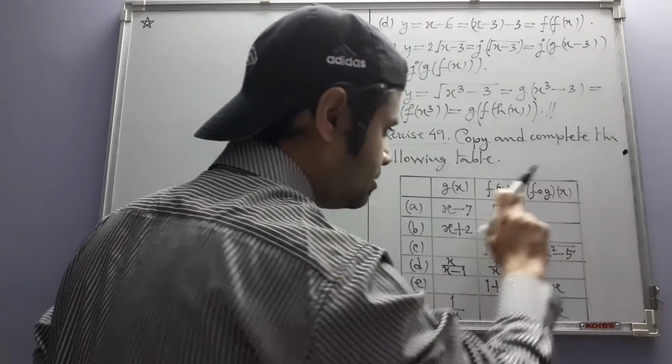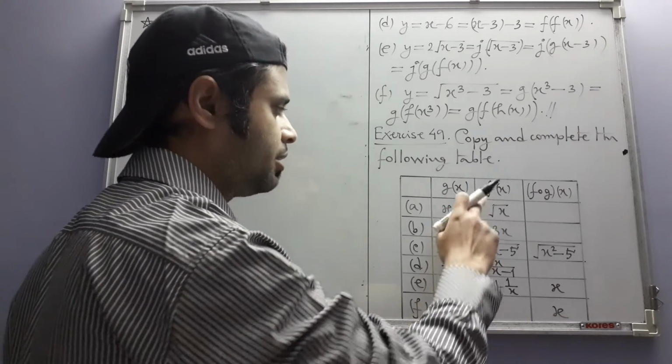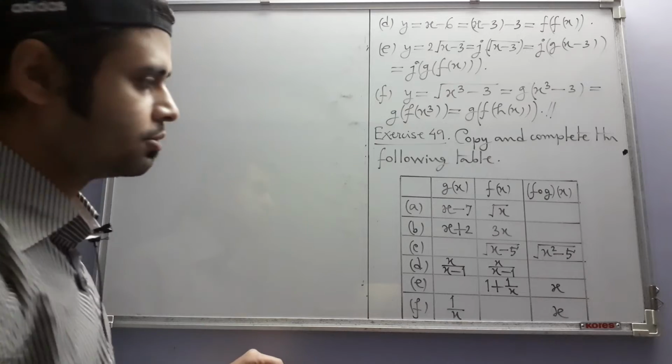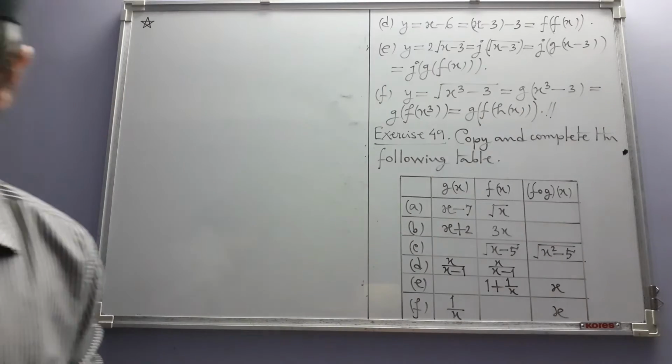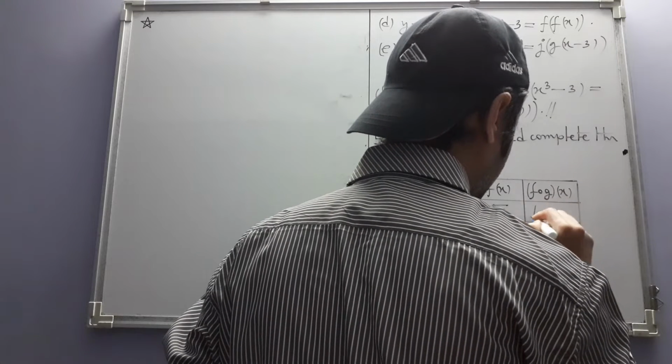First we apply g, and then on that we apply f. So that means f of x minus 7, and f is square root. So this will be square root of x minus 7.